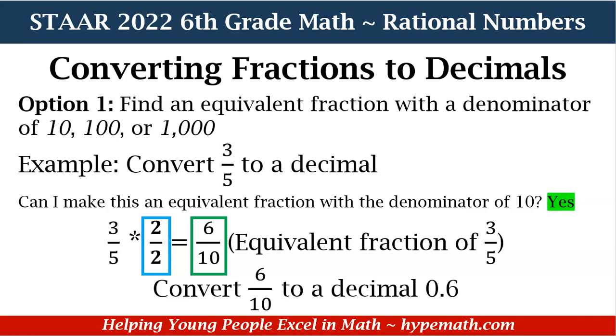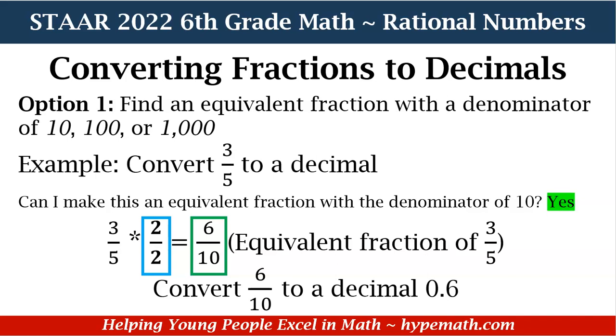The way we're going to do that is ask ourselves, can we make this an equivalent fraction with the denominator of 10? And the answer is yes, we can. So we are going to multiply 3/5 times 2/2 because 5 times 2 will give us that 10. And whatever we do to the bottom, we must do to the top.